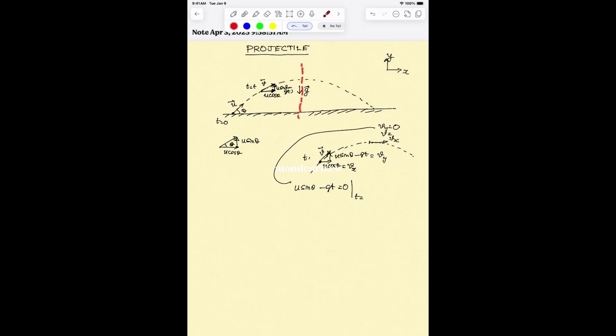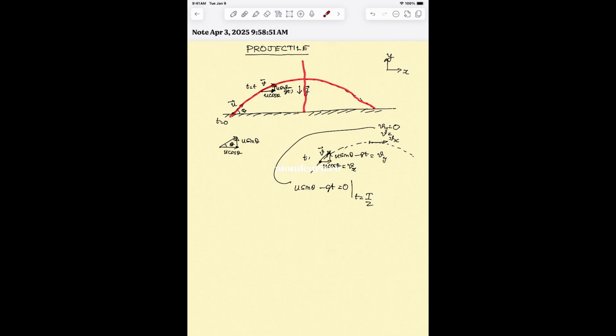Therefore, the time it takes from t equal to 0 to reach the topmost point, let us call it capital T by 2. Why capital T by 2? Because capital T, let me call it, is the full time of flight. That is the time it takes to come back to the ground.